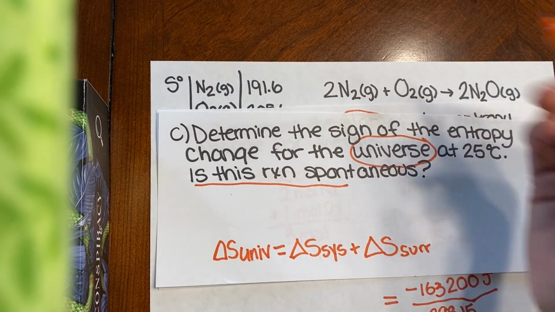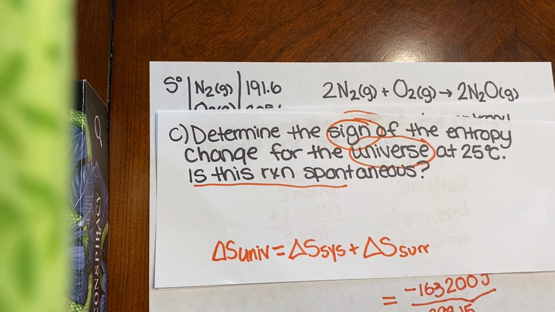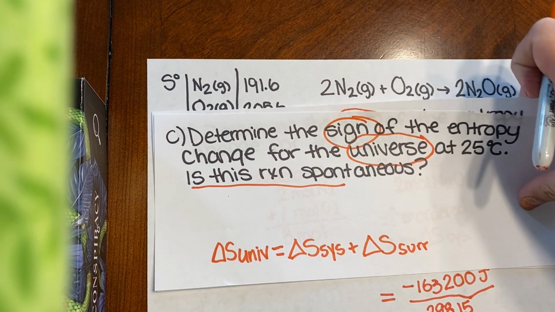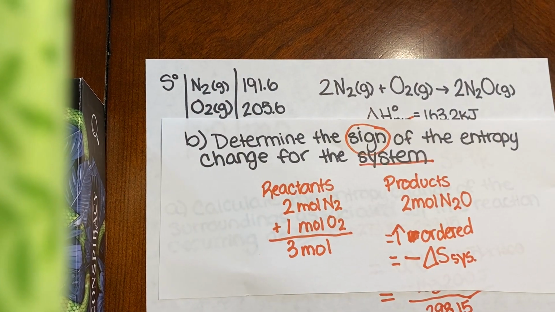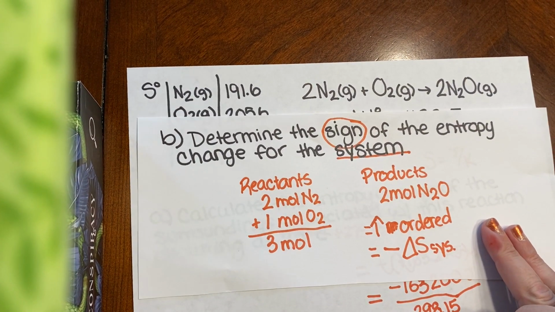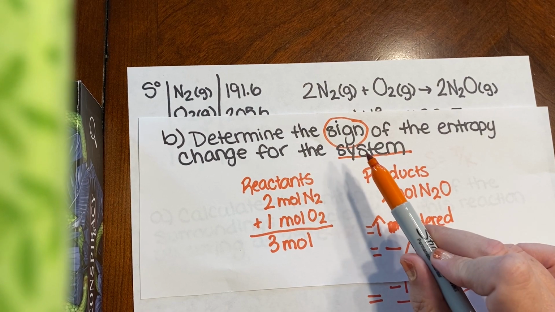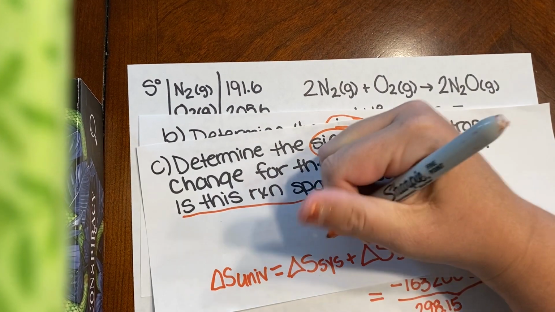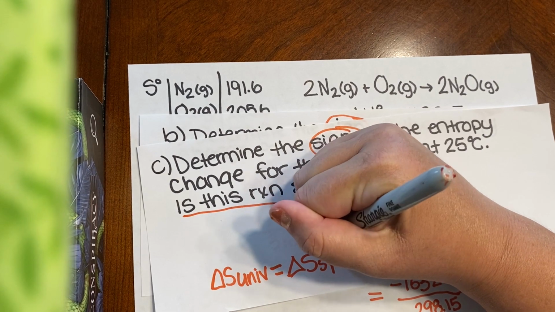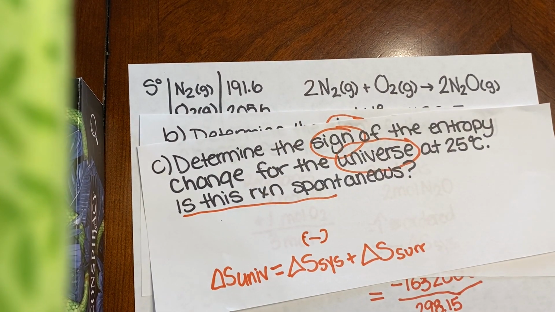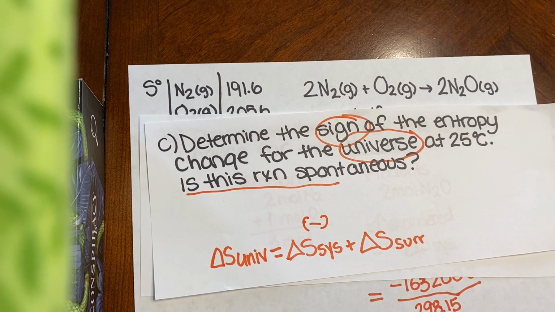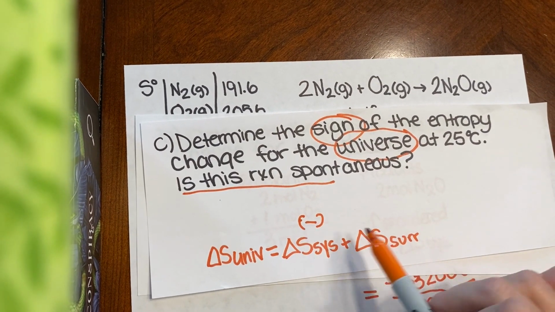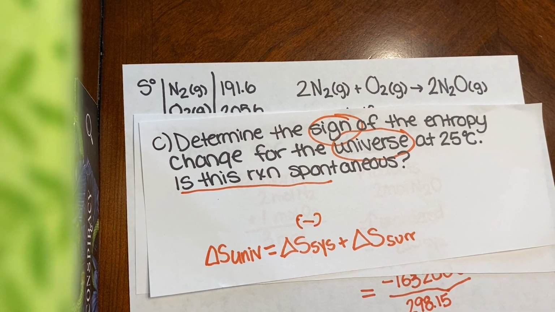And again, we're determining the sign, nothing more than that. Well, for our system, we did that in part B. Our sign of our system is negative. So I'm going to put a negative value here. Does it matter what the number is? No, it doesn't, because we're just looking for the sign. So we just need to know the sign of the other two.